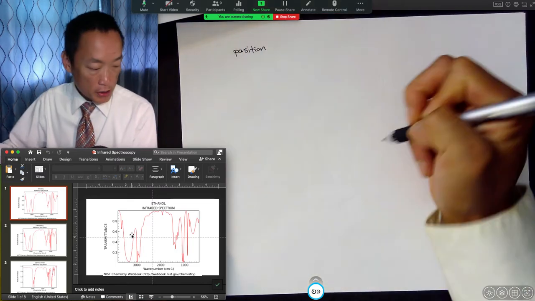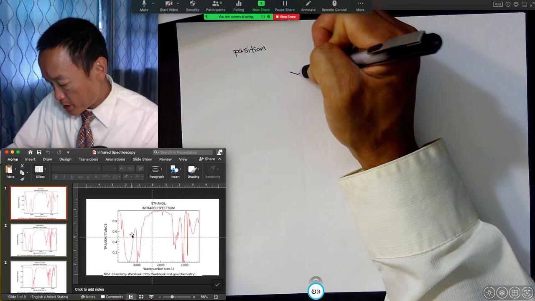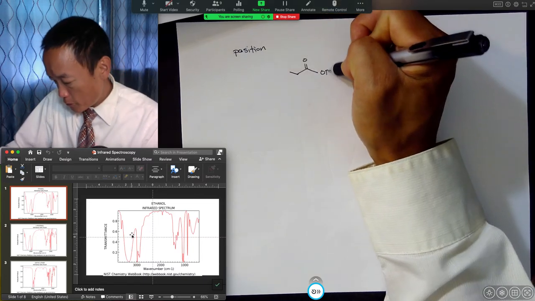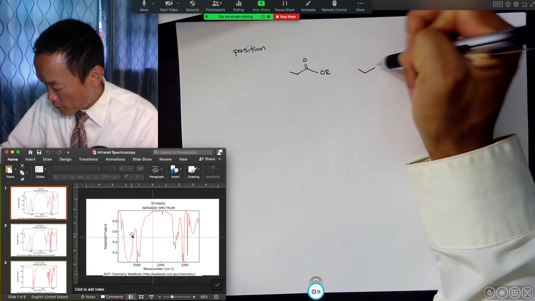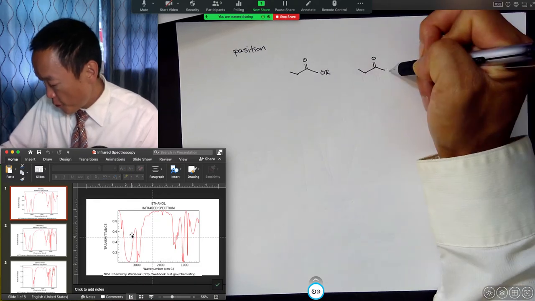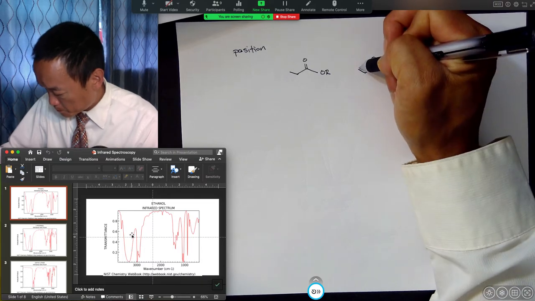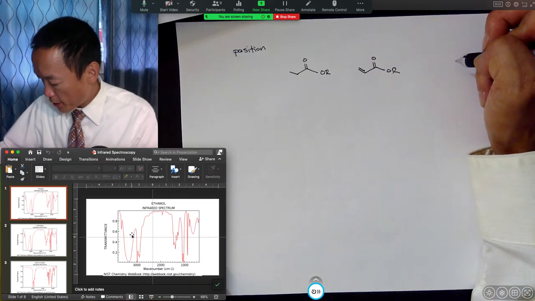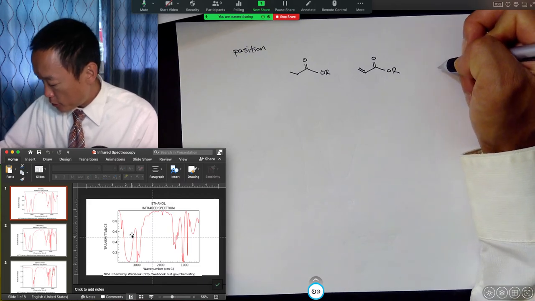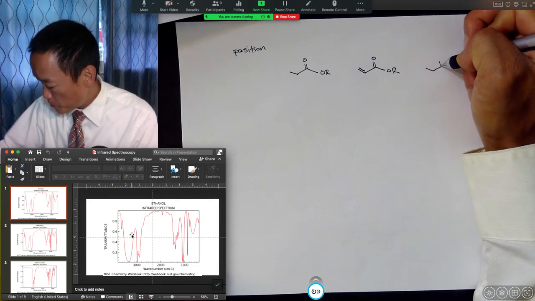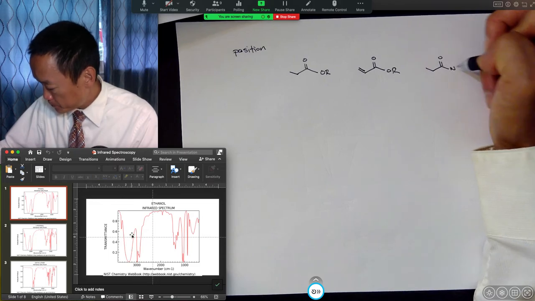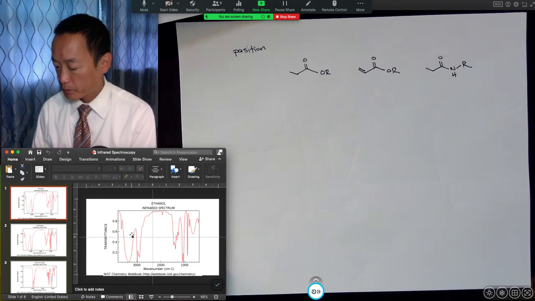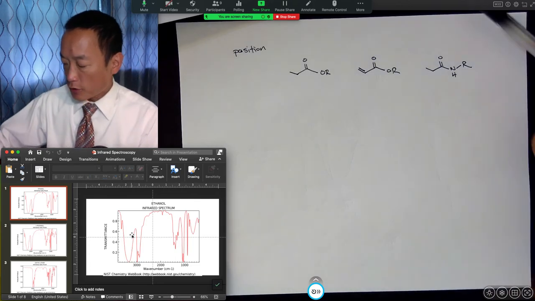And what I want to do here is compare this, and then I also want to look at the carbonyl.